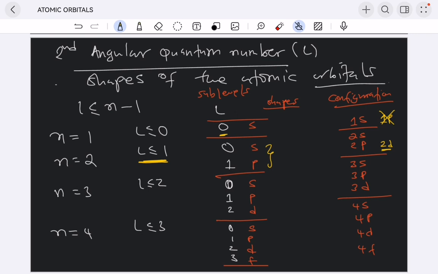Then the s, p, d represents the atomic orbitals. Now, can we focus on the shapes of these atomic orbitals?